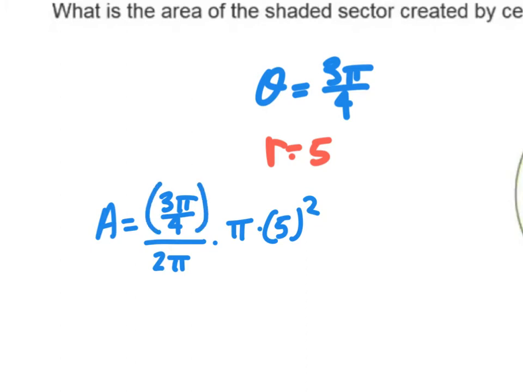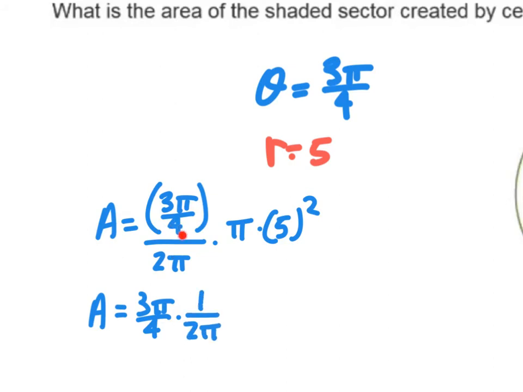3 pi over 4 divided by 2 pi. Let's rewrite this. Dividing by a number is the same thing as multiplying by its reciprocal. So instead of dividing by 2 pi, I could multiply 3 pi over 4 by its reciprocal, 1 over 2 pi.